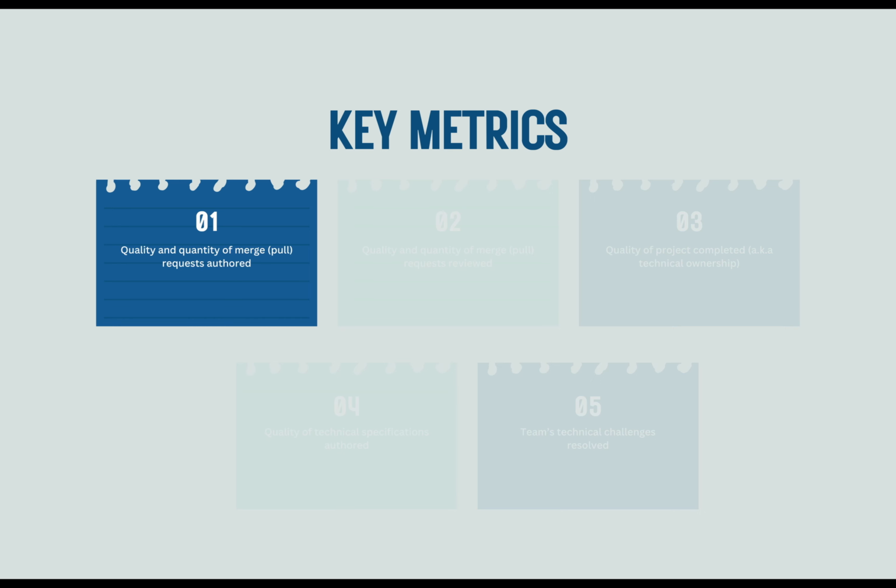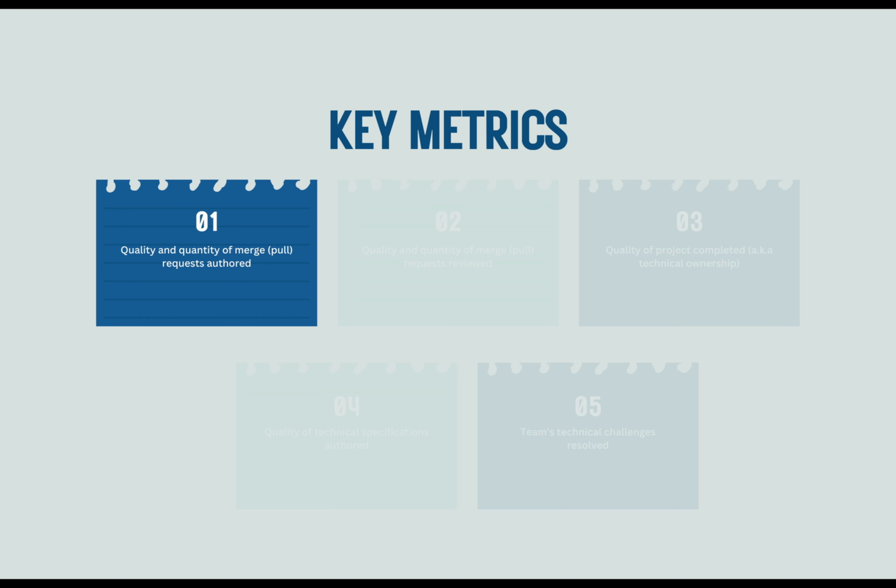Now, you also need to look at quantity. For example, for a senior software engineer, it is expected that because of their experience and technical know-how, they are able to contribute more code. They are able to take on more tasks, and because they take on more tasks, they have a larger number of changes. So remember, we are not just looking at the sheer number of code changes.